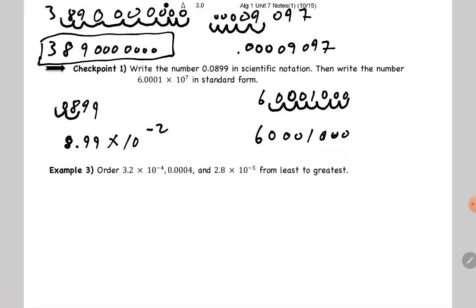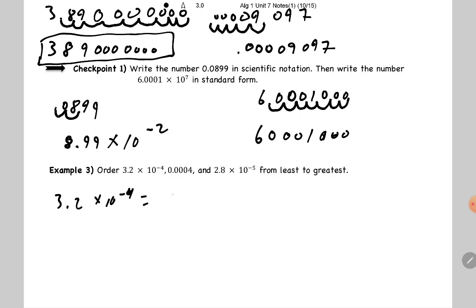Okay, order these numbers from least to greatest. So we have 3.2 times 10 to the negative 4th, 0.0004, and 2.8 times 10 to the negative 5th. So we need to make sure. 3.2 times 10 to the negative 4th, what does that look like?